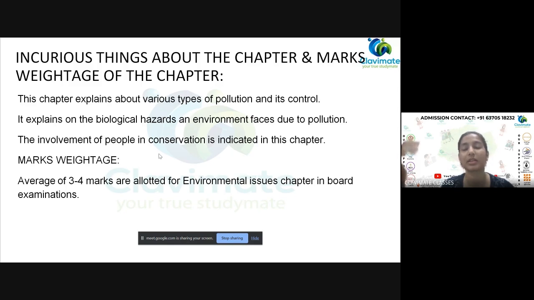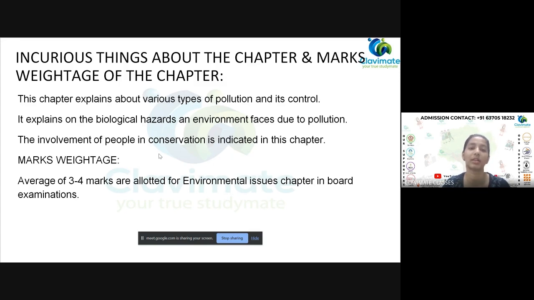This is a chapter which will explain to you the types of pollution and how to control it. There are some steps given on how to control the pollution, what the government can do, and what people can do, and what the types of pollution are. Second, it talks about the biological hazards we are causing to the environment, to our Mother Earth.